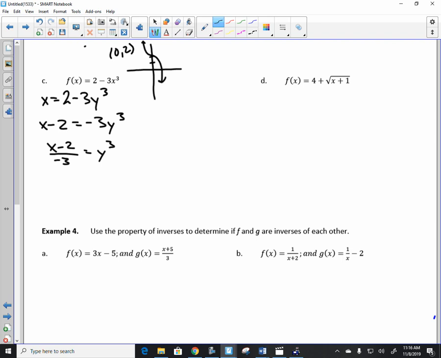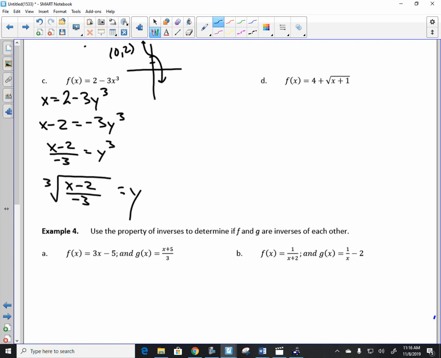And then cube root both sides. Cube root of x minus 2 over negative 3 is equal to y. Sometimes I regret writing this problem because technically the denominator is not rationalized. I don't want to go through that work right now, so we'll just try not to encounter that.